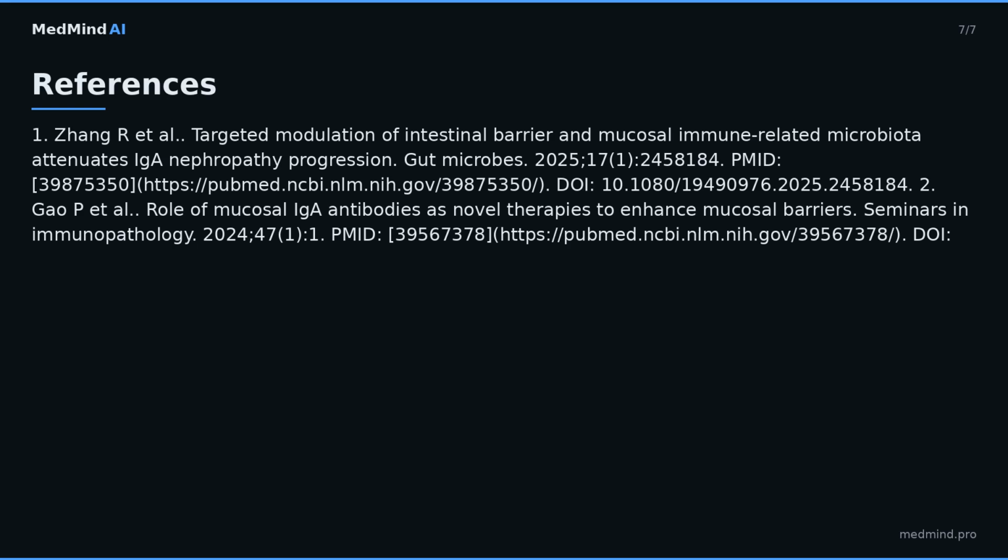Segalia S. et al. An epithelial cell-derived metabolite tunes immunoglobulin A secretion by gut-resident plasma cells. Nature Immunology. 2023, 24, 531-544. PMID 36658224, https://pubmed.ncbi.nlm.nih.gov/36658224.